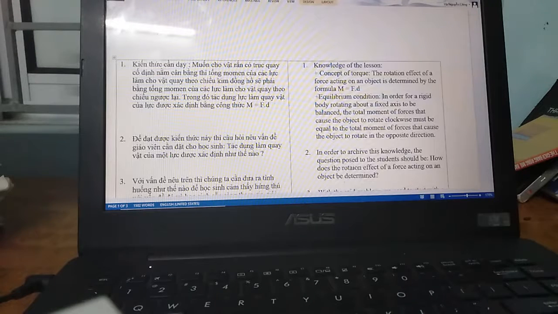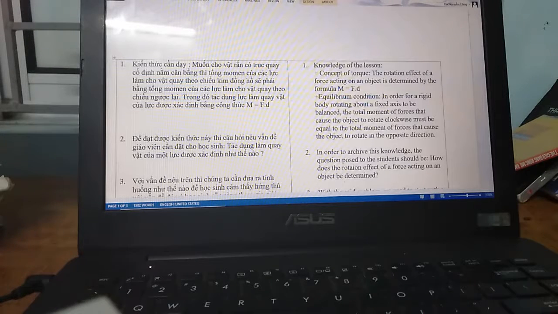The rotation effect of a force acting on an object is determined by the formula torque M equals F times D. The second thing is the equilibrium condition.